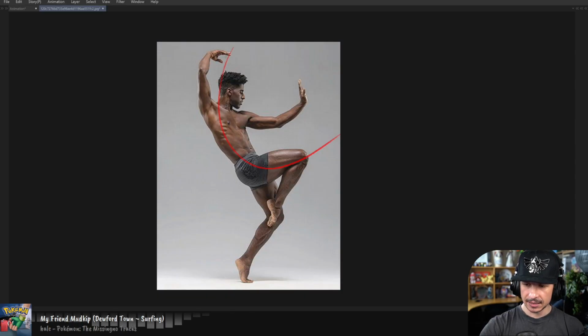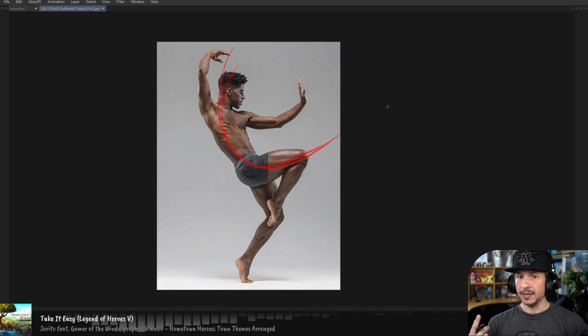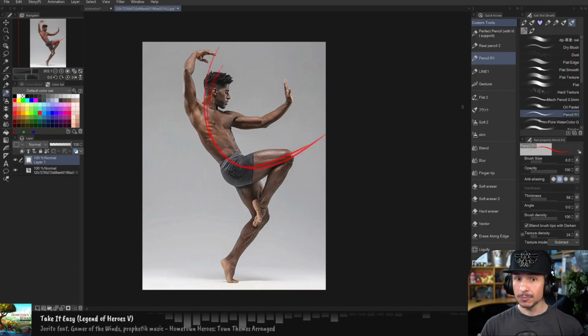You can see that energy that flows through from the top of the head, down through the body, and up through that leg. This is what I would consider the main line of action for this pose. Now, with lines of action, there isn't just one. You can sometimes have 2 or even 3 lines of action or more in a pose. Usually more than 3, that's a very complex pose.